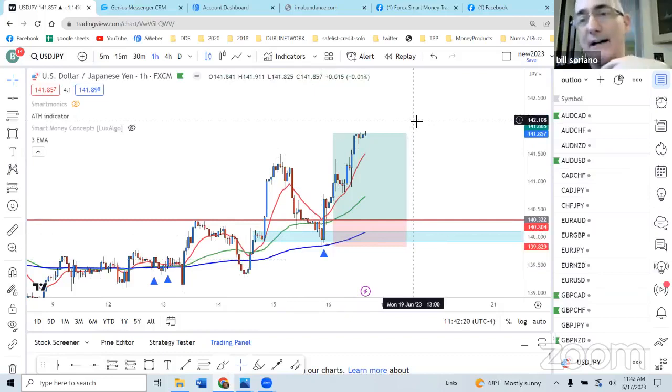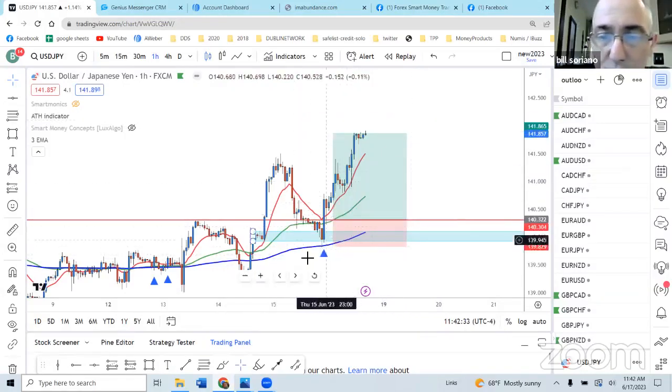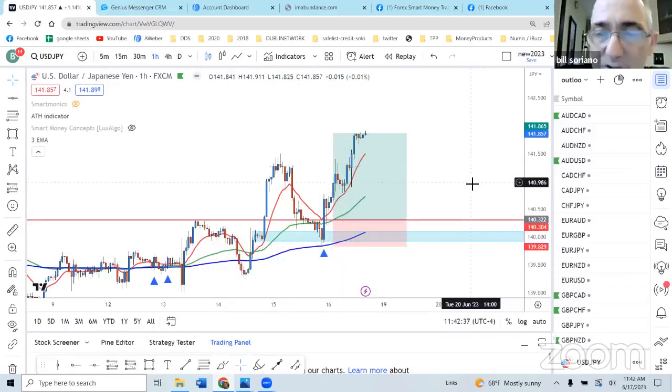So like I said, I've incorporated this into my trading plan now because of the updates that Michael has had the programmers make to the ATH indicator. You can set it so that you only get the ATH signals come out, right? When I say signal, that means there's a possibility to take a trade.